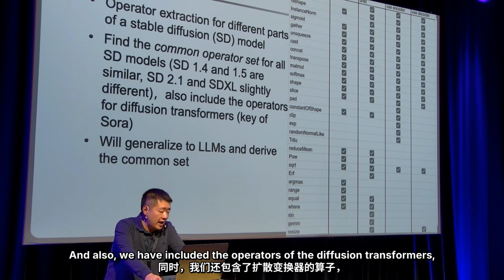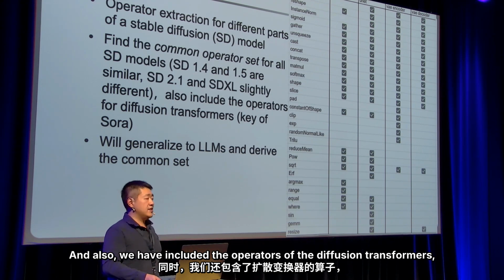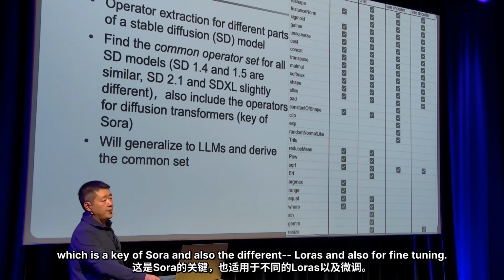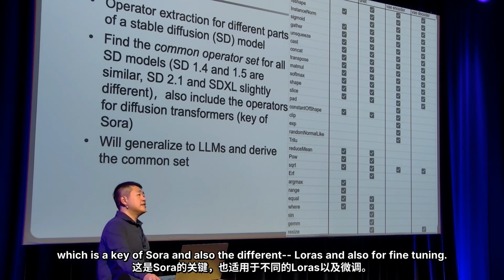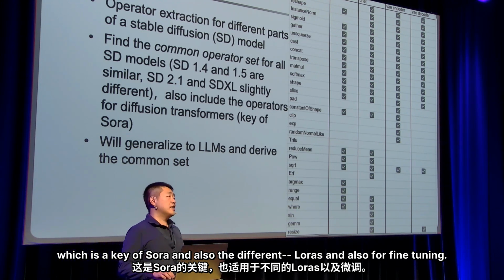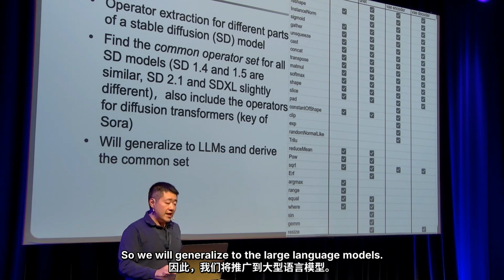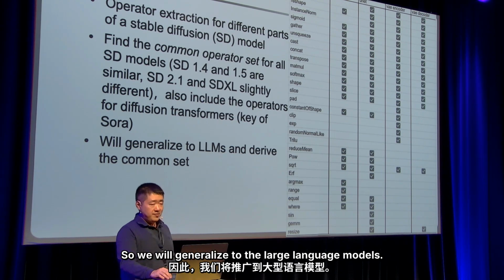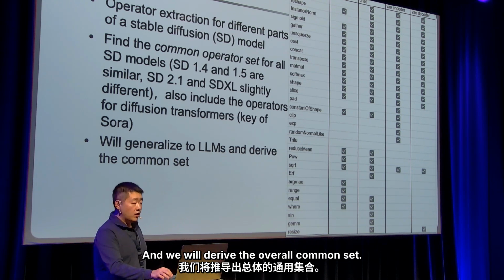We have also included operators of the diffusion transformers, which is a key of Sora, and also the different LoRAs and fine-tuning. We will generalize to large language models and derive the overall common set.